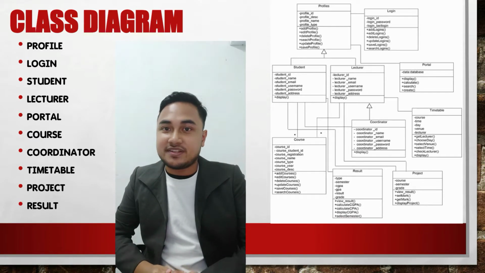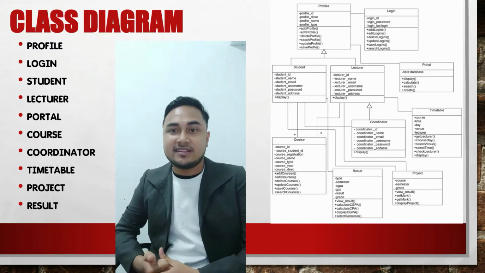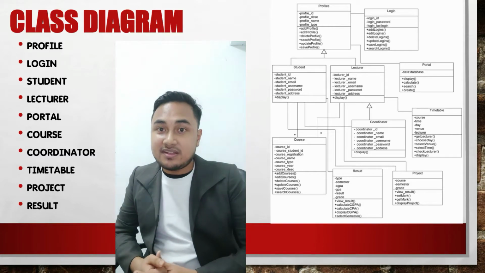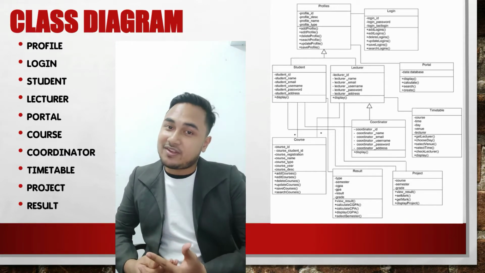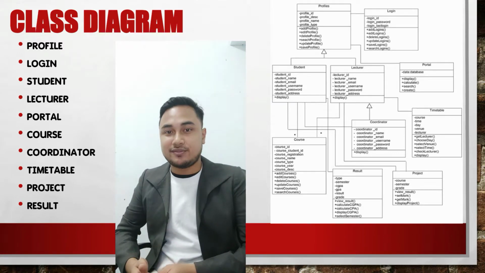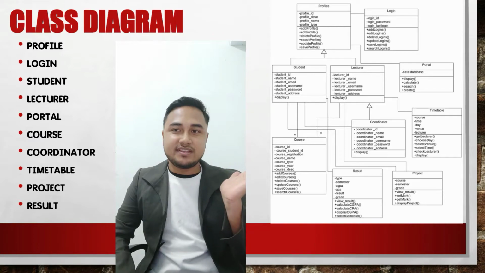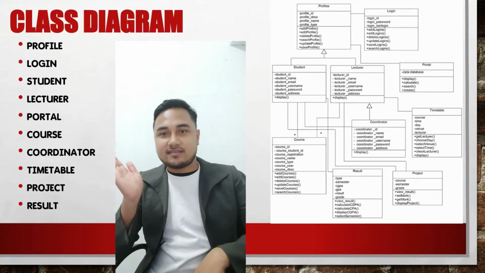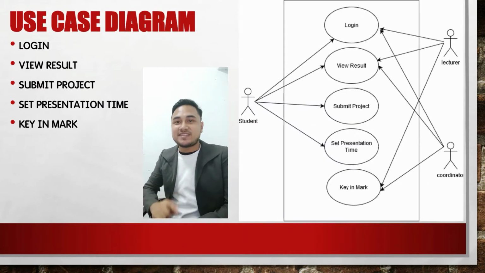The course, for registering courses. Also an entity, which is coordinator. The timetable for the presentation, the project for the assignment, and of course if we have the project, we have the result, so there is the result class. This is the class diagram.